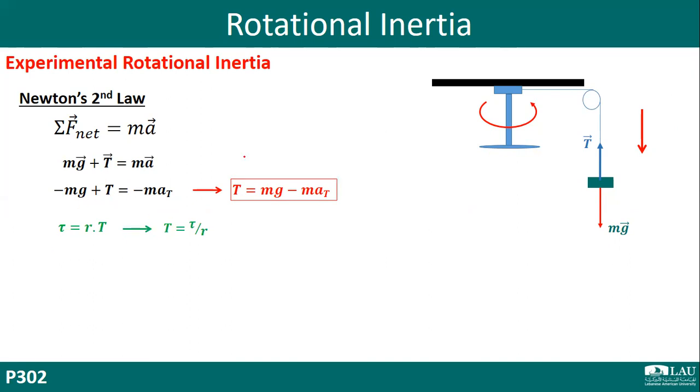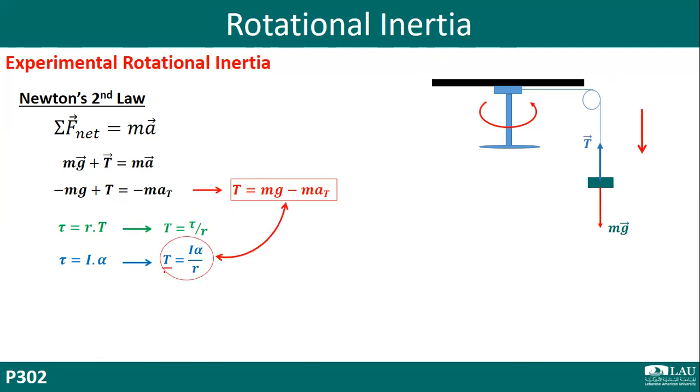T is the applied force. So tau is R times T, and in this case T is tau over R. We have already proved that tau is I times alpha, so T is I alpha over R.